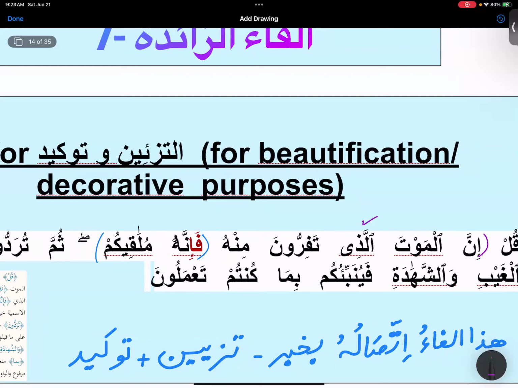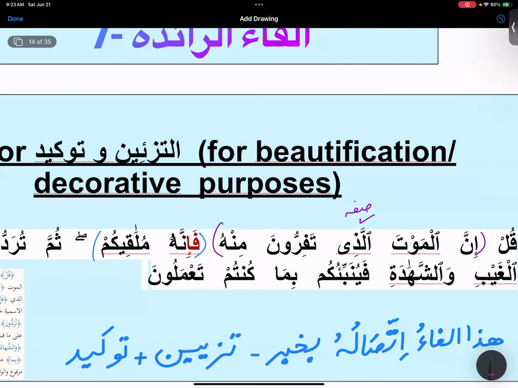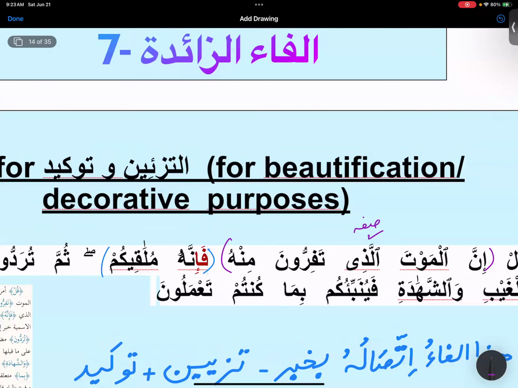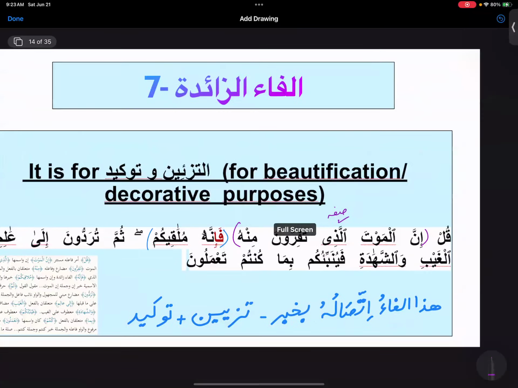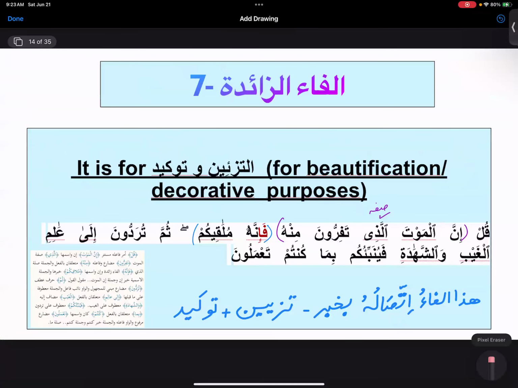So allazi is the sifa. That means the whole thing is the ismu inna. Now we have harfu nasab and ism. Where is the khabar? Fa innahu mulaqikum is the khabar.